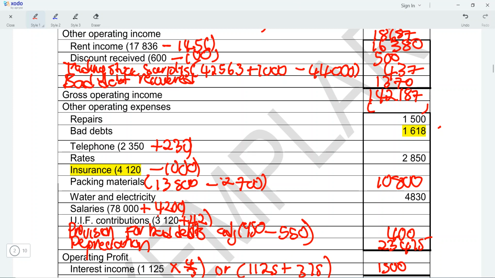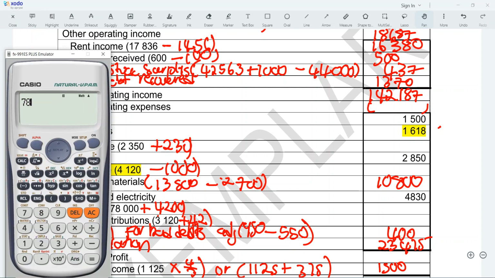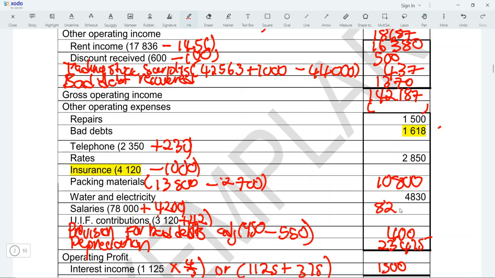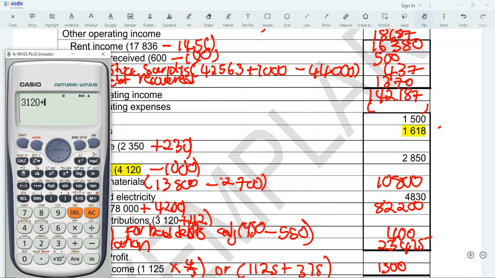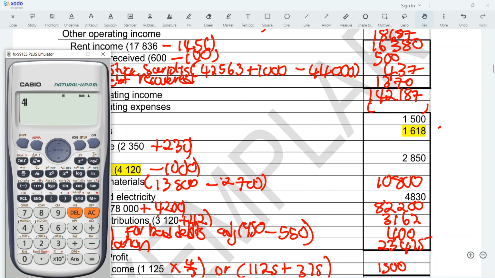So 78,000 plus 4.2 will give us 82,200. So we have that 82,200 here, and then 3,120 plus 42 rand would have 3,162 here, and then also here we'd have, let's see, 4,120 minus 1,000, it's going to give us 3,120.